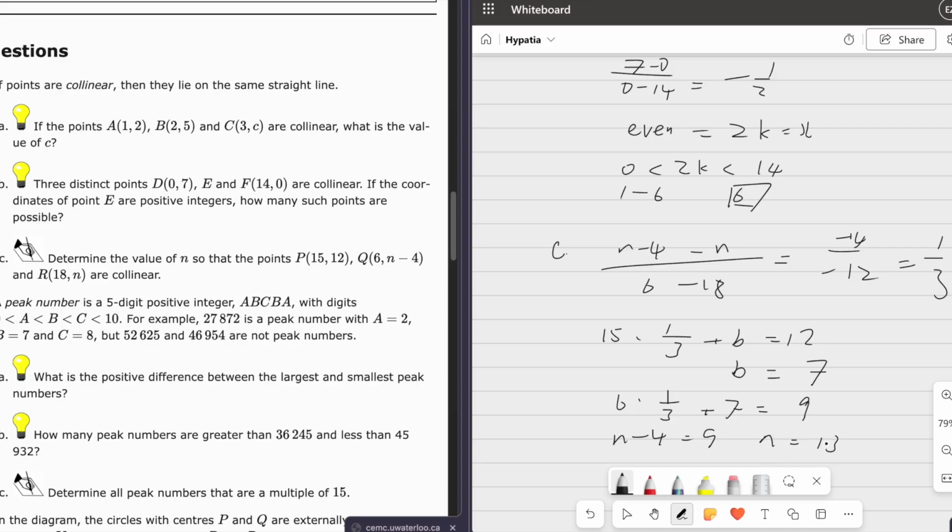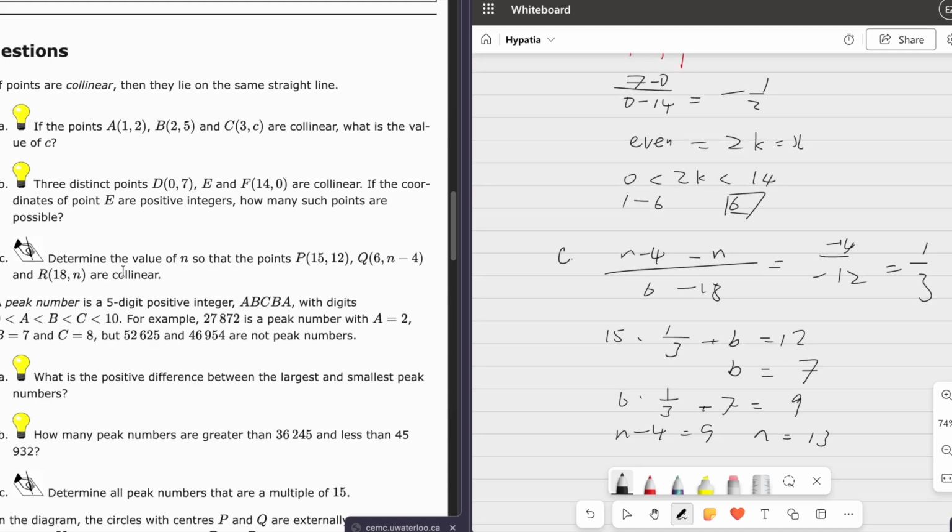If you want to try, we can use the point R(18, n), by substituting with the same values, m equal 1 over 3 and the y-intercept equals 7, we obtain the same n, 13. So n equals 13 is our answer for part C.